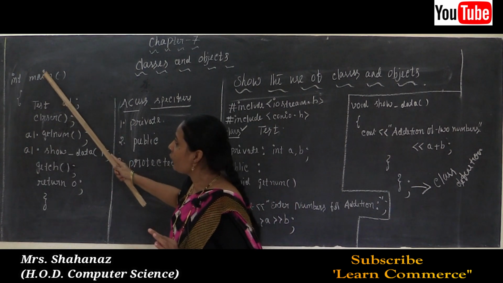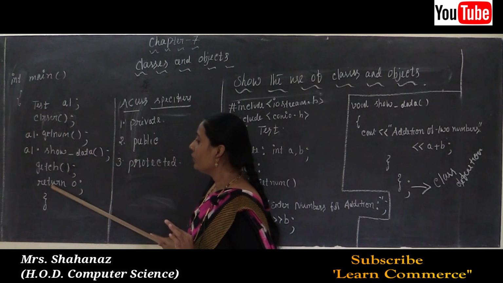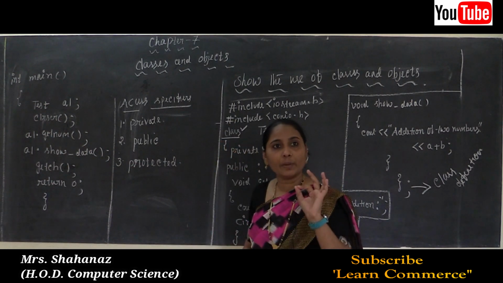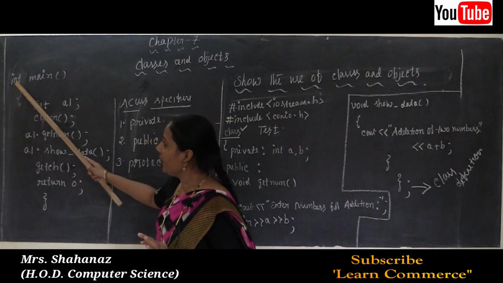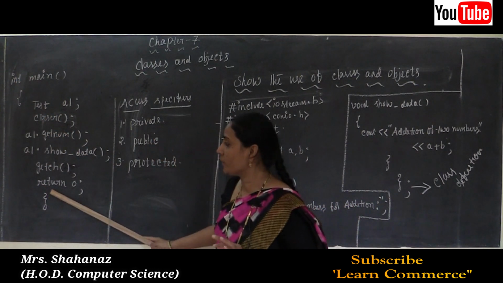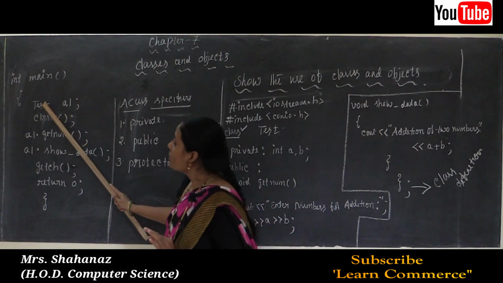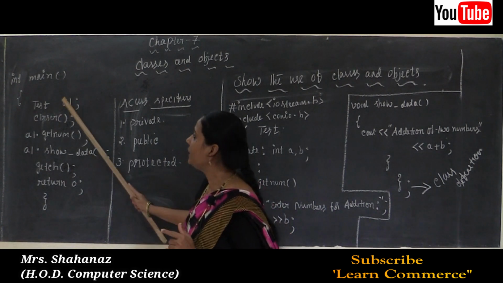The main function is going to return a value. If you are using void main, there is no need to write return 0 here. Maybe the main function type is void, but here I used int. Because of this reason I am going to write return 0 after the getch. So any object is going to be declared with the object name, in this program A1.